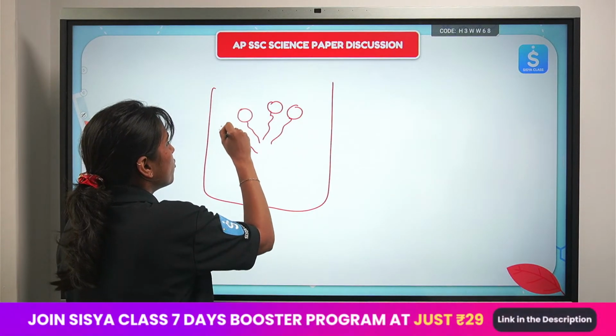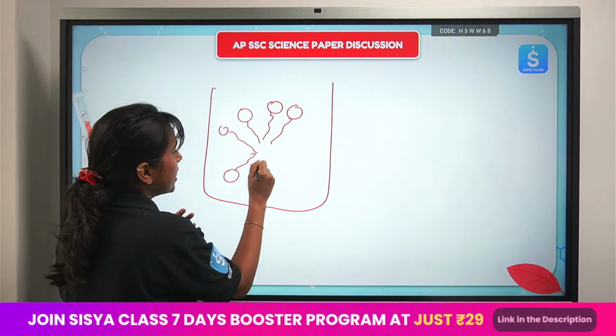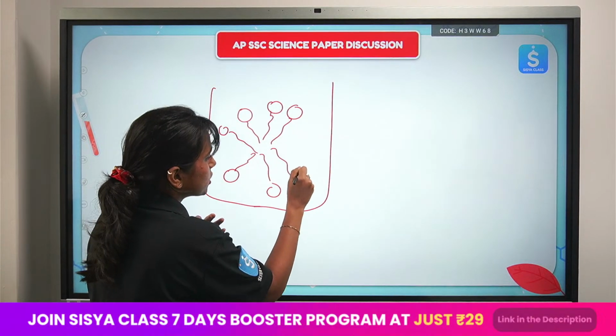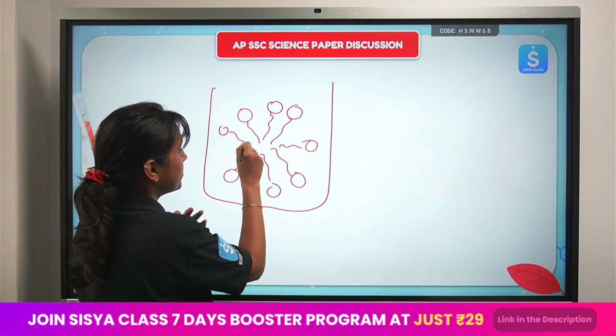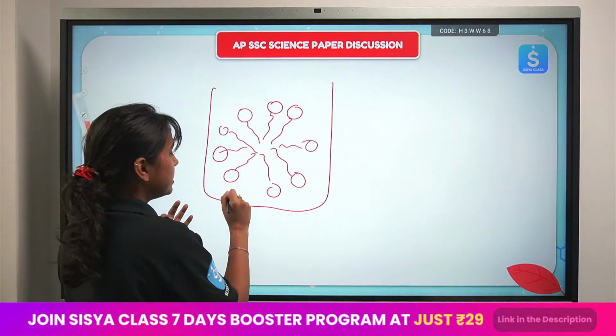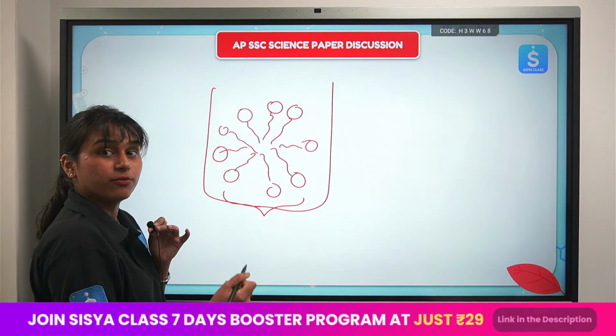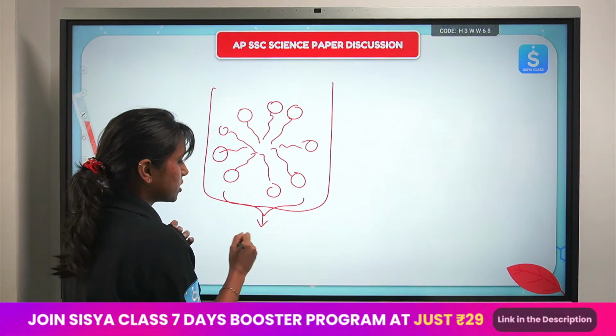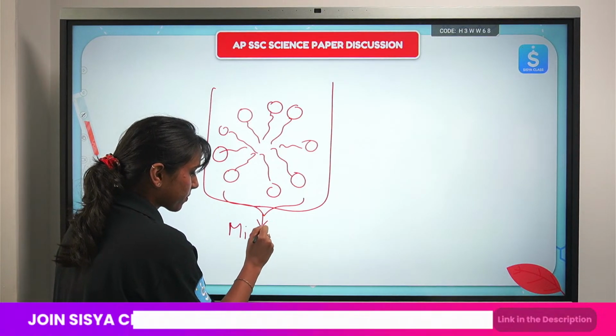So this structure is going to occur. You will not be able to see it, but this is what is going to form inside the water with soap solution. This structure is called a micelle.